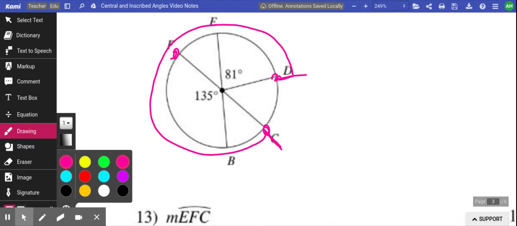Okay, let's start here. This right here is a diameter. How many degrees are in a circle? Well, there's 360. So if there's 360 degrees in a circle, how many are going to be in a half circle?